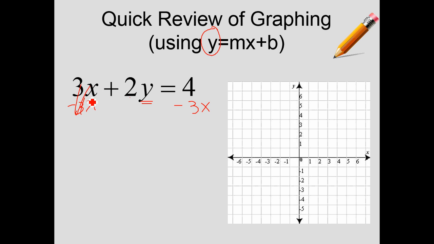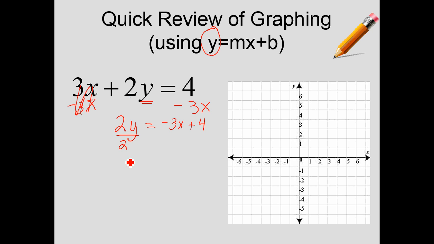They will cancel on this side, and I will have 2y. And on the other side, you'd have 4 subtract 3x. Well, you can't subtract x's from a regular number 4, so we just leave it as negative 3x and a positive 4. I usually write the x's in front of my constant numbers because that's standard form, and also because I want the m, or the slope, to be at the beginning.